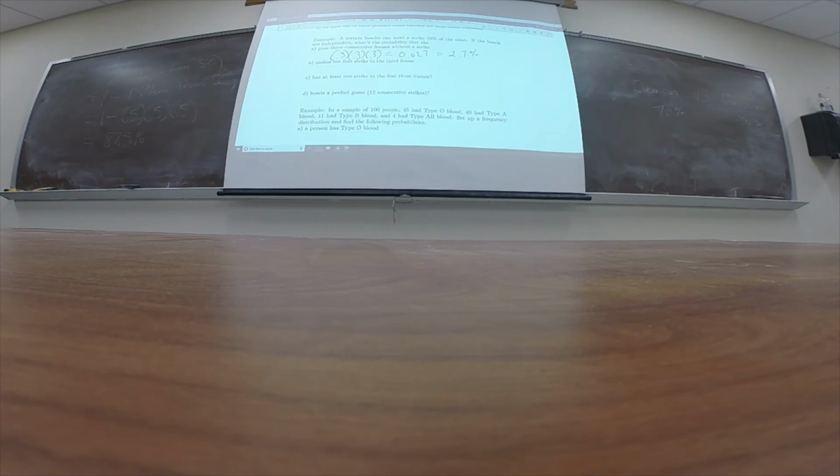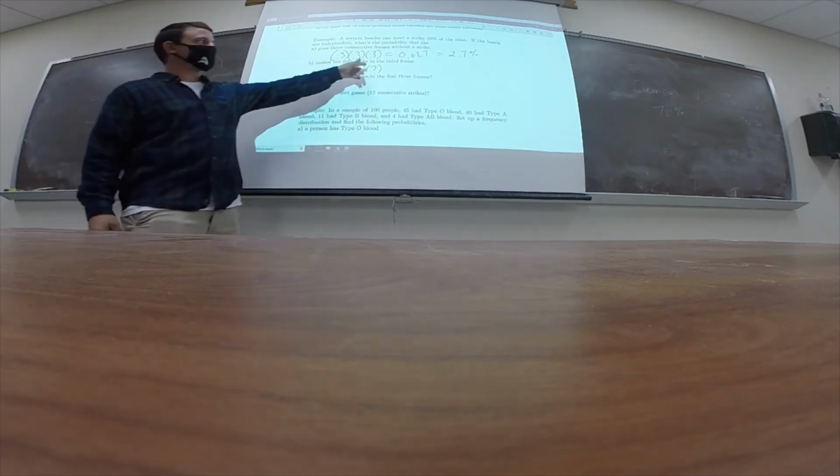Makes her first strike on her third frame. So what series of events has to happen for this to occur? Okay. She makes her first strike on her third frame. She had to miss on her first frame, right? Then she had to miss on her second frame. And then she had to make it on her third frame. You see where the percents come from? So you have to follow your series of events. She's making her first strike on her third frame.